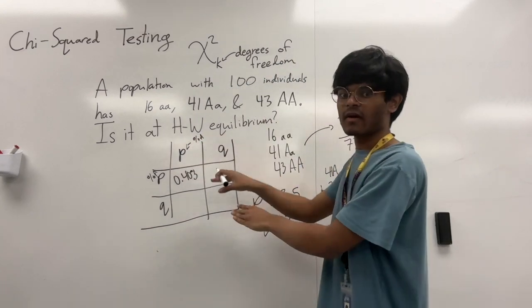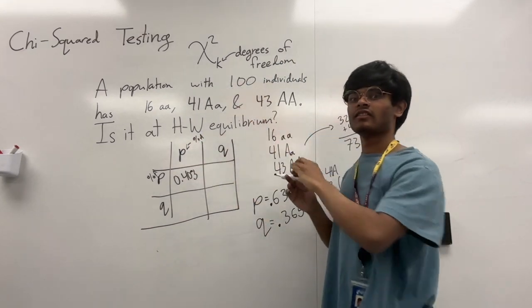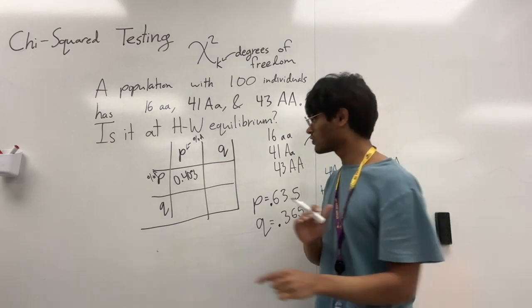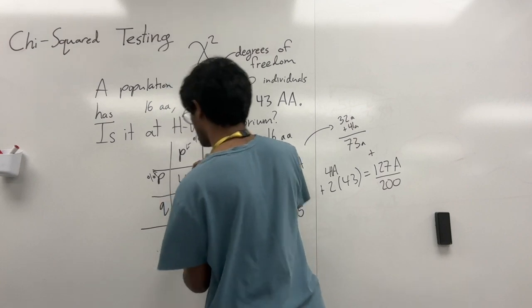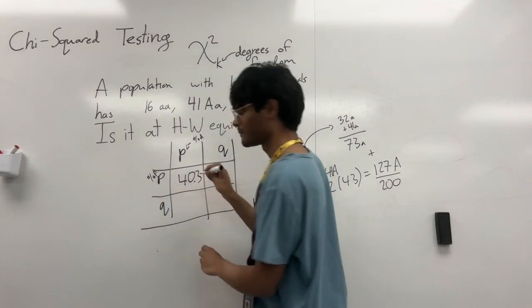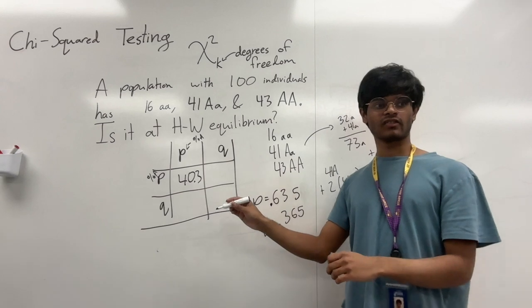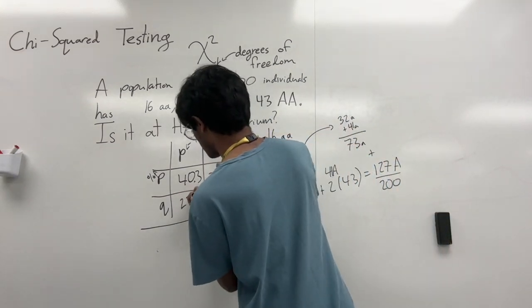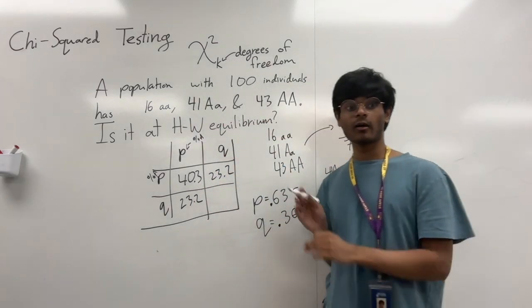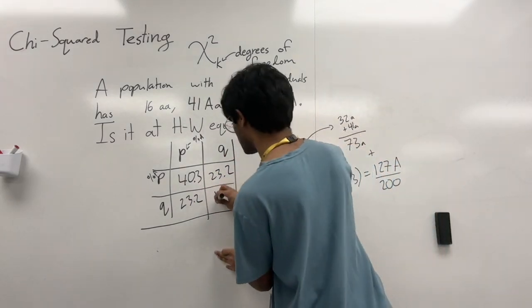I'm also going to multiply it by 100 to get the actual expected number of individuals with that genotype, so about 40.3. For our heterozygotes, we've got about 23.2. And for our homozygous recessive individuals, we've got about 13.3.